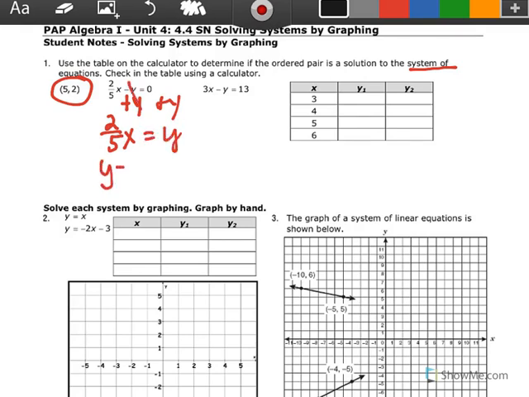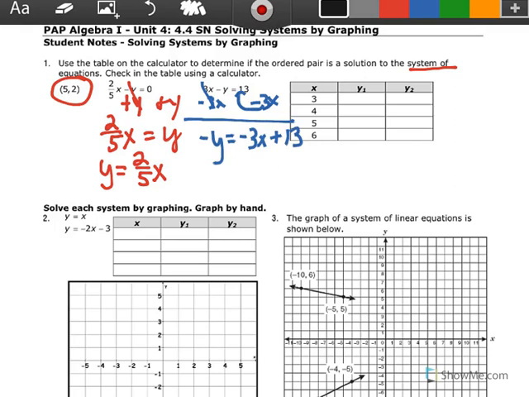So we can just flip that around and say y equals 2/5 x. And then on the second one, let's subtract 3x on both sides. I'm going to take my minus 3x and just tuck it right in front of that 13. So I get negative y equals negative 3x plus 13.